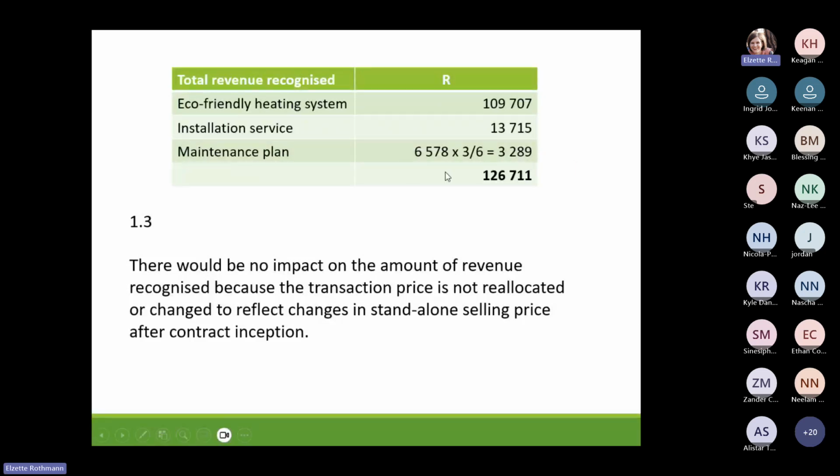So then your total revenue that you can recognize, so even though they've received 130,000 Rand, because that's what they tell us in the question, the company paid 130,000, they can only recognize in this current year 126,711.